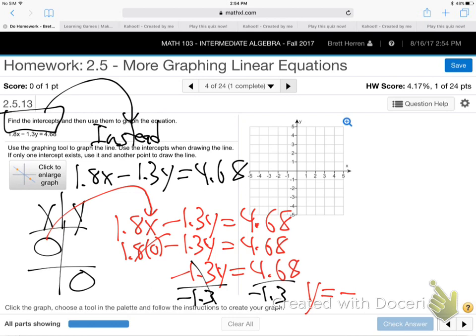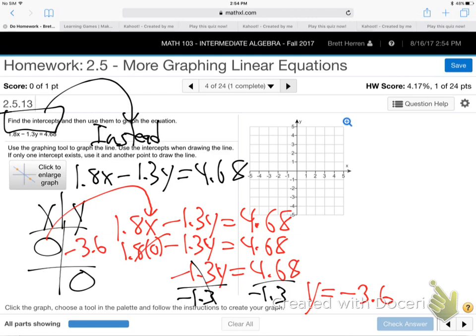Yeah, it is just clean. 4.68 divided by negative 1.3 comes out negative 3.6. A couple of you getting that? Okay. So negative 3.6. Good so far?